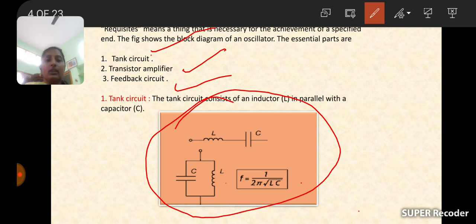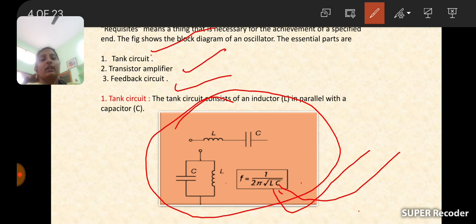If the inductor is connected in parallel with the capacitor, then the circuit is called a tank circuit. And here the frequency of the tank circuit is given by 1 by 2 pi square root of LC, where L is the value of inductance and C is the value of capacitance.